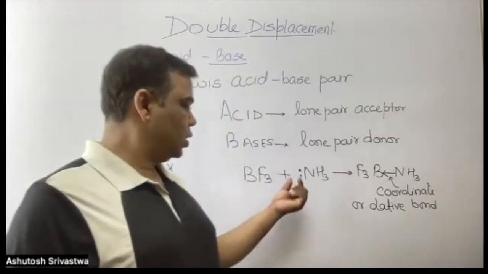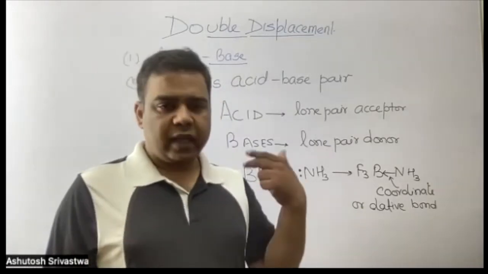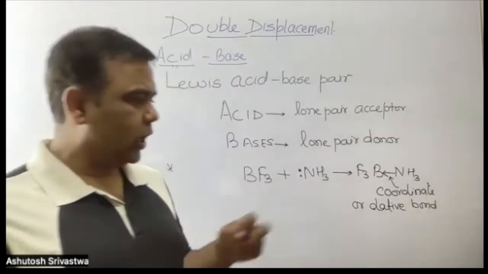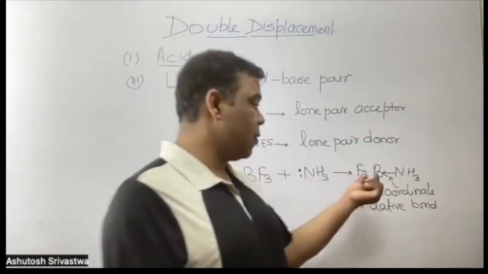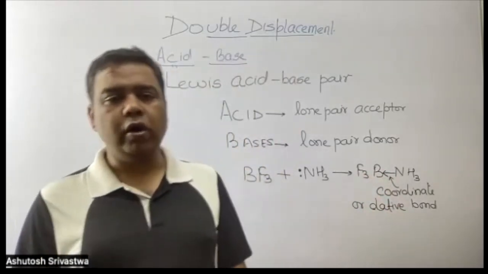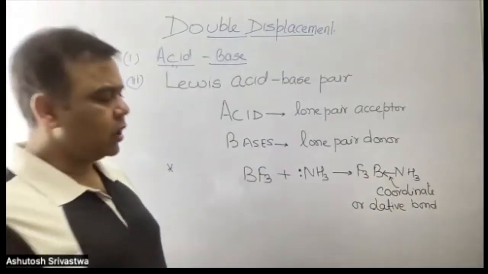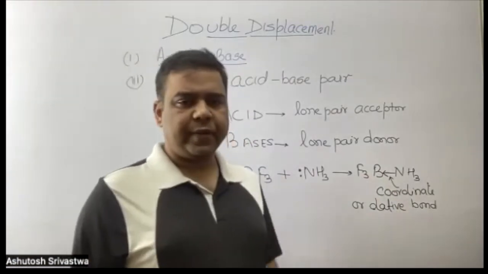So here these two electrons are coming from the nitrogen. They have been given to boron. So these two electrons will form a bond. This bond is something unique, which is called as coordinate or dative bond. Okay, we will cover this thing, don't worry.